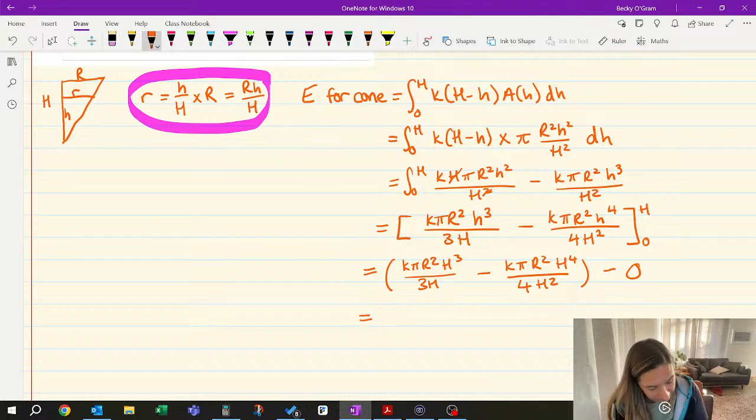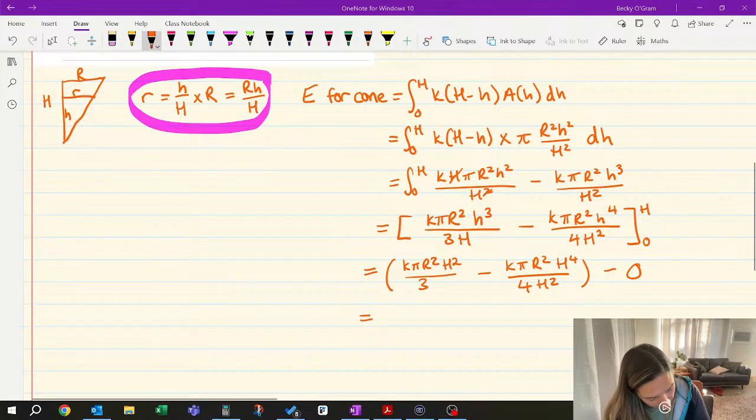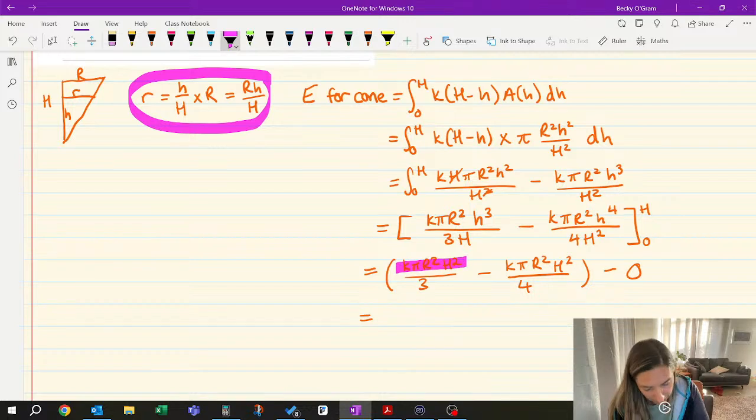Let's think about what that's telling us now. So that h will cancel with one of those, and so we end up with this being h squared over 3. H squared will cancel with 2 of the h's on the top, so we end up with an h squared here. Now you can spot that the top here, actually let's use a different colour, this top is the same as that top, so effectively what we have is a third minus a quarter of that thing that I've highlighted in yellow.